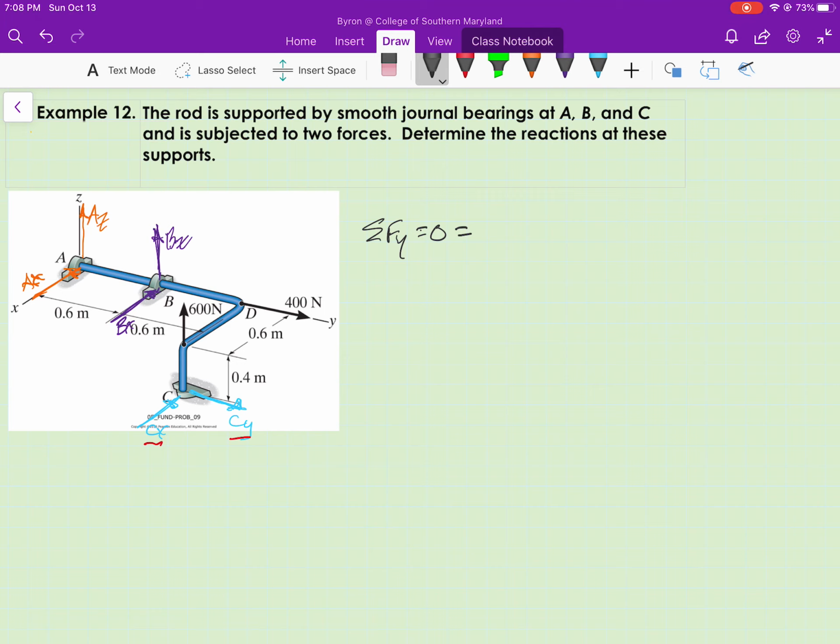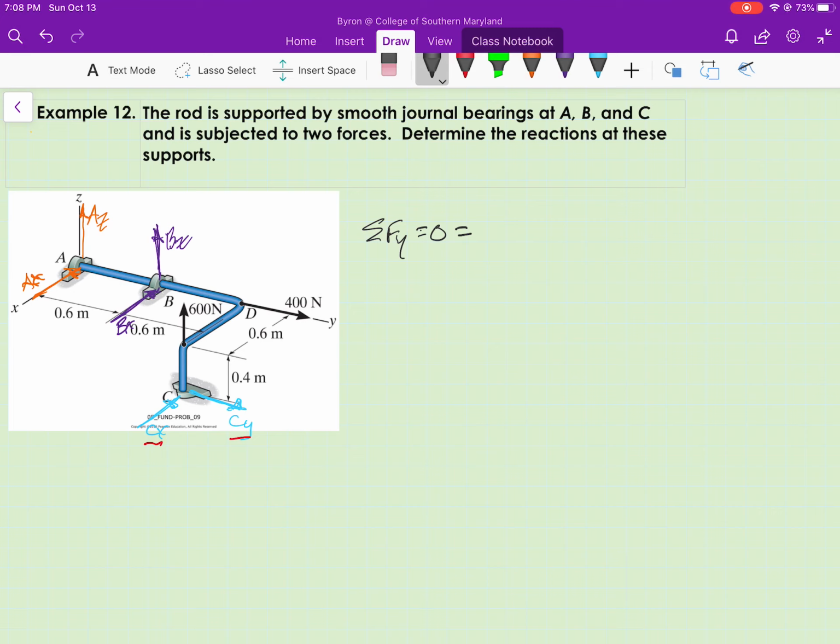Now I should be able to see right away that I've assumed incorrectly for the direction of C sub y, because C sub y is going to have to offset that 400 newton force that's going in the positive y direction. So C sub y is going to end up going in the negative y direction.